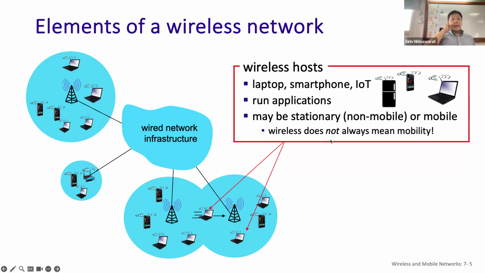If you consider different wireless capable devices, you can see that even though some of them are connected to the network wirelessly, they could still be stationary. Something like a smart refrigerator, you connect it to your Wi-Fi access point wirelessly, but you don't move your refrigerator, do you?